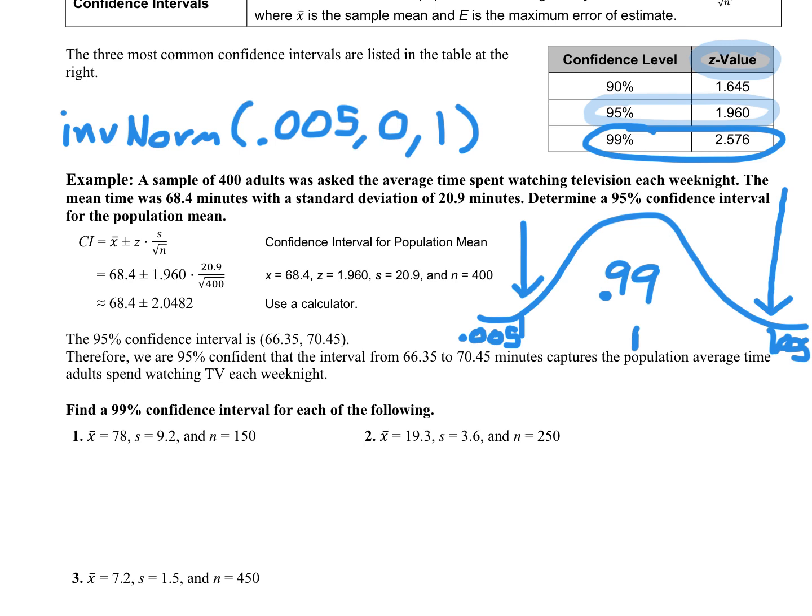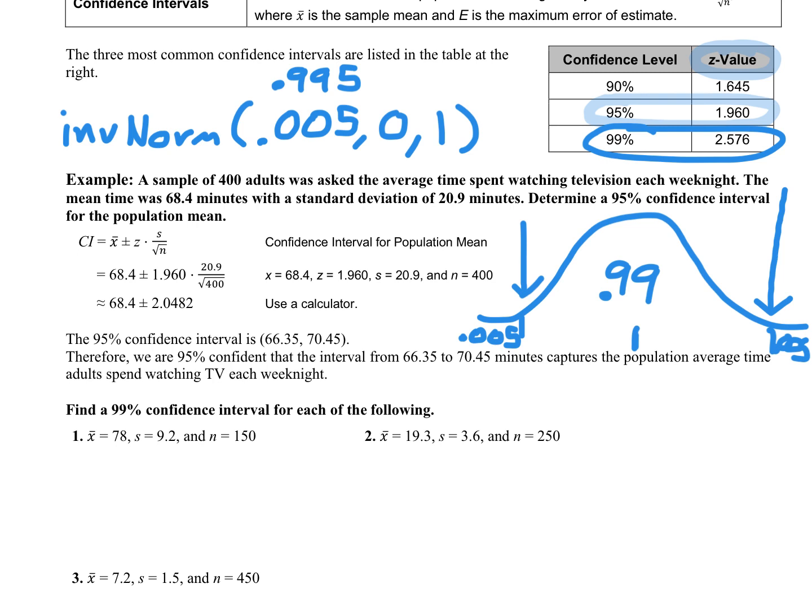So again, with invNorm, when you do area, you have to tell it the area to the left. If you had changed this value to 0.995, it would have given you the positive 2.576.